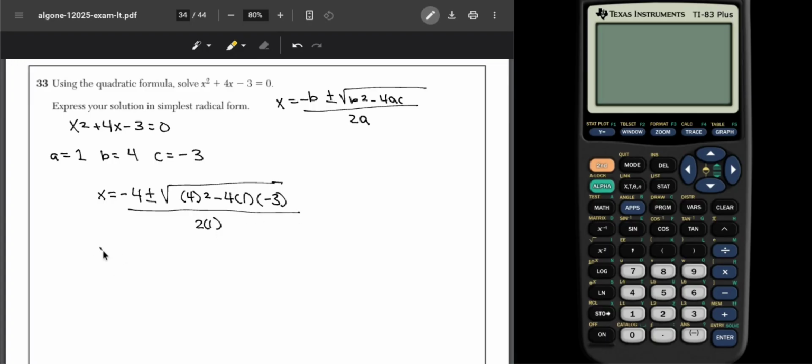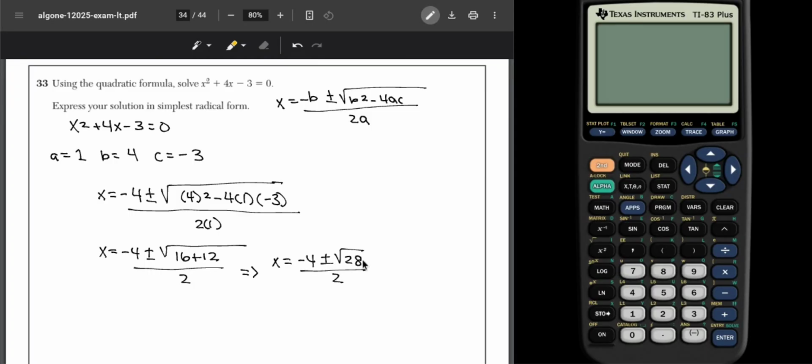I'm going to simplify that. So x equals negative 4 plus or minus the square root of 16, and negative 4 times 1 times negative 3 is going to be plus 12, over 2, which simplifies to x equals negative 4 plus or minus the square root of 28 over 2.